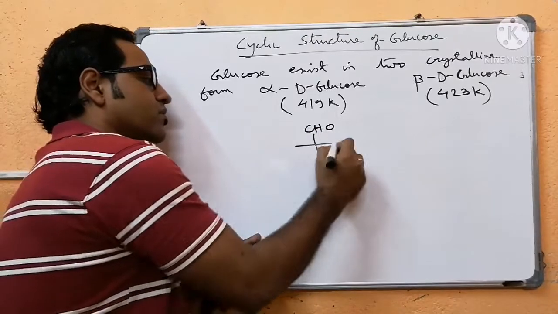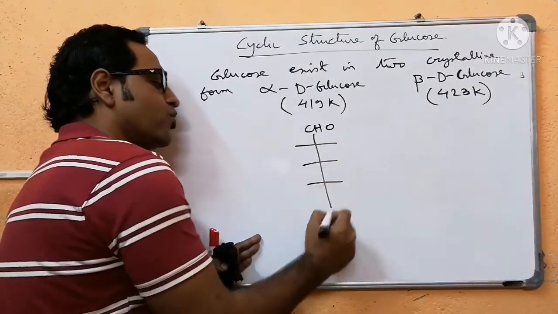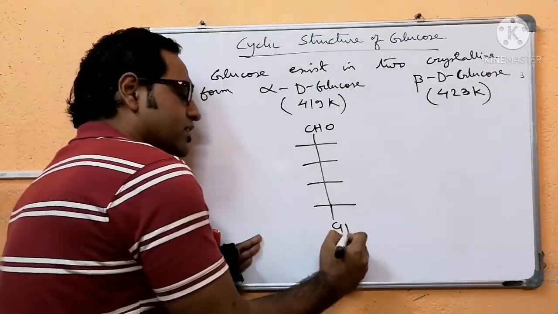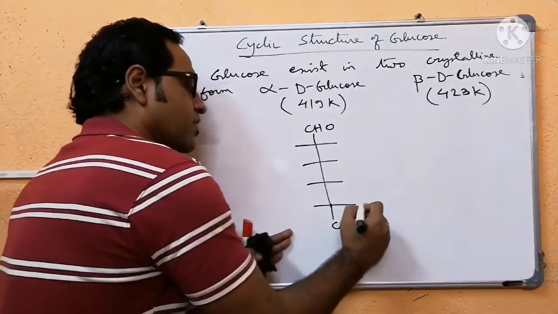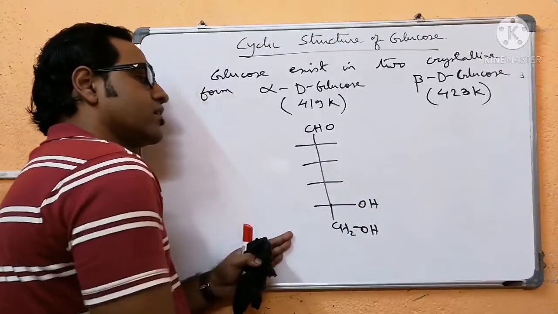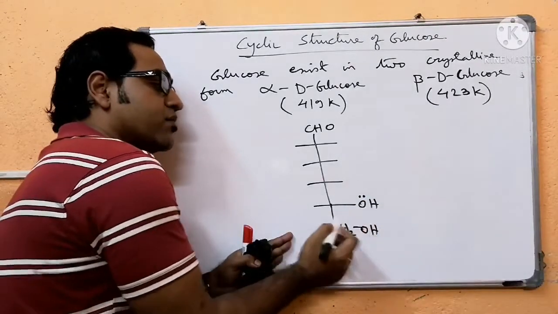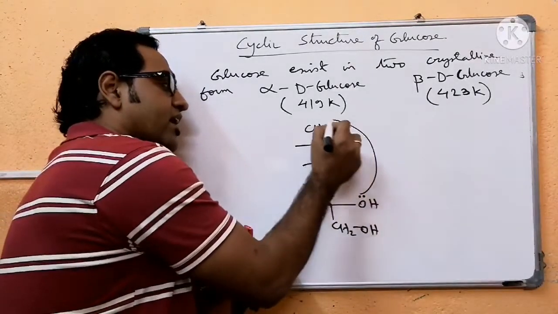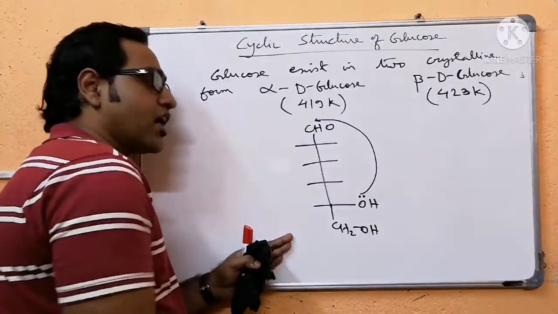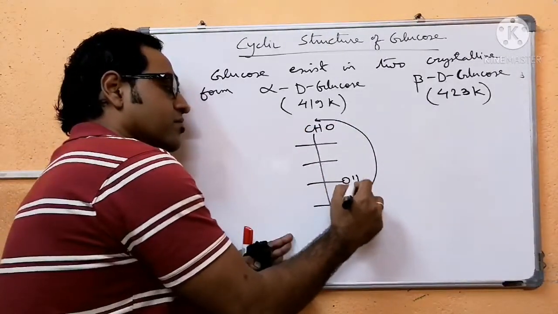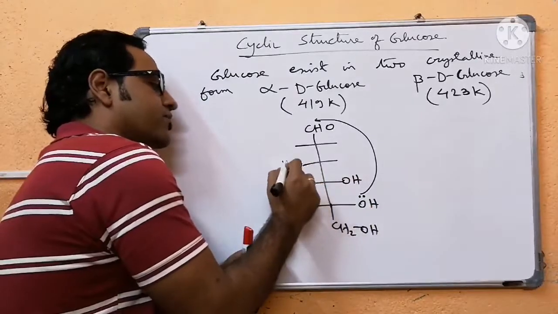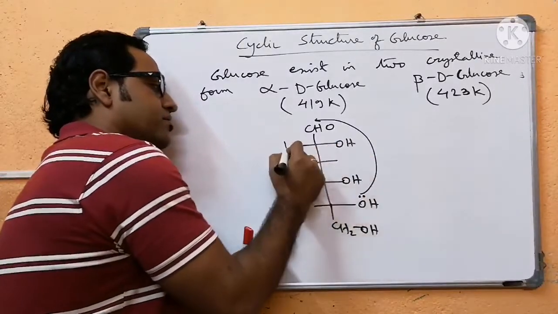CHO, 2, 3, 4, 5, 6. The lone pair on the oxygen atom of the fifth carbon atom will attack this carbonyl carbon. Right, right, left, right.